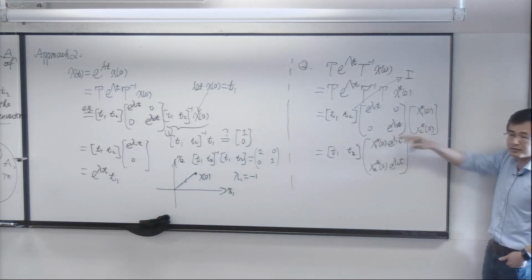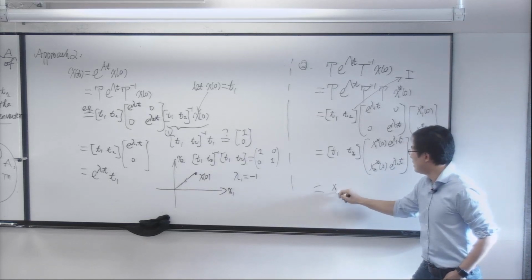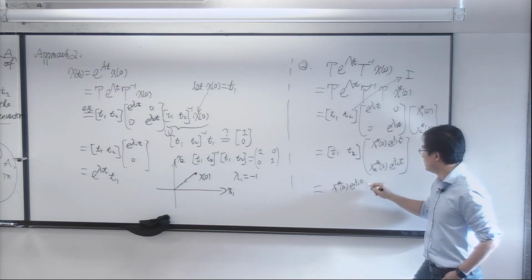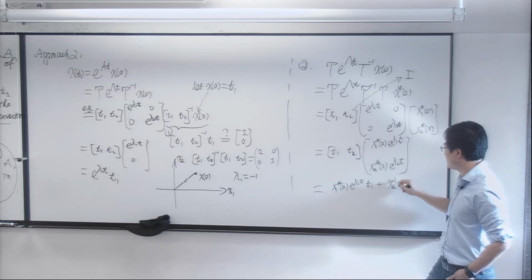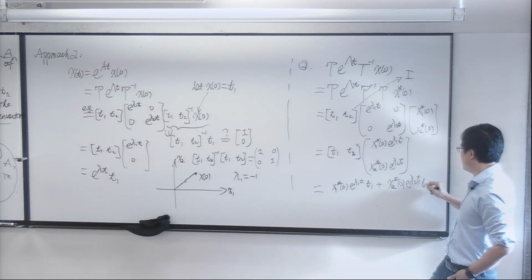The second part of the multiplication. So it equals x1 star 0, e^(λ1t) t1, plus x2 star 0, e^(λ2t) t2.